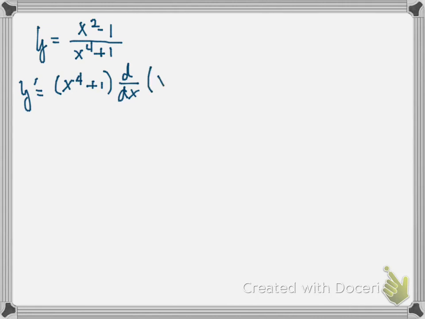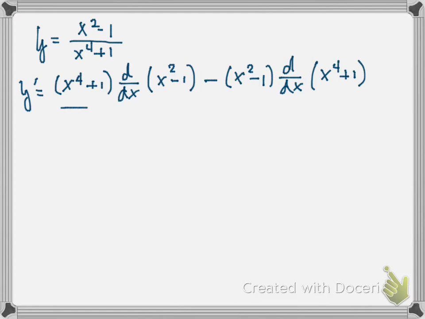The derivative of the numerator, x squared minus 1, minus the numerator times the derivative of the denominator, all over the denominator squared.